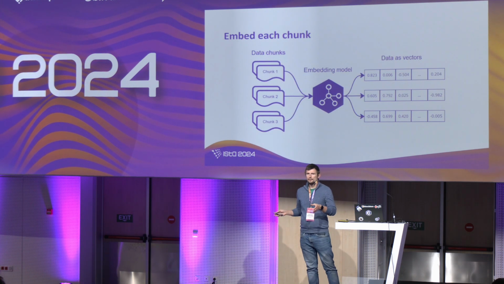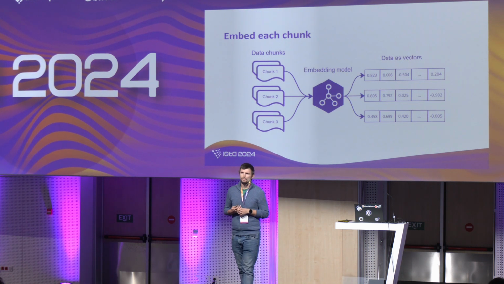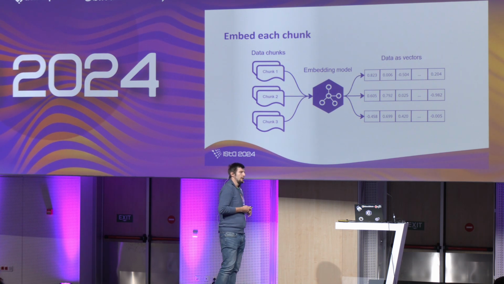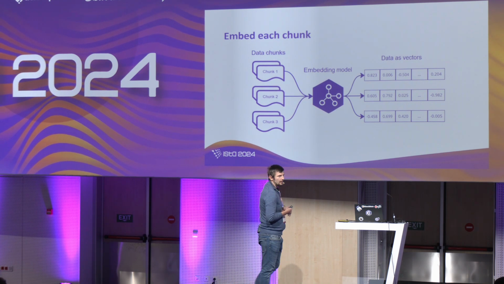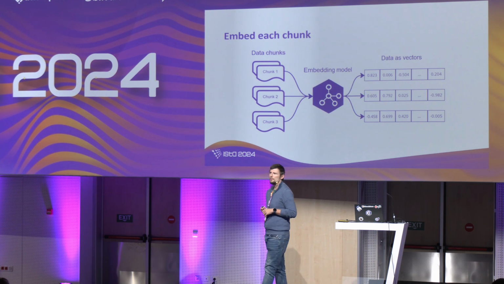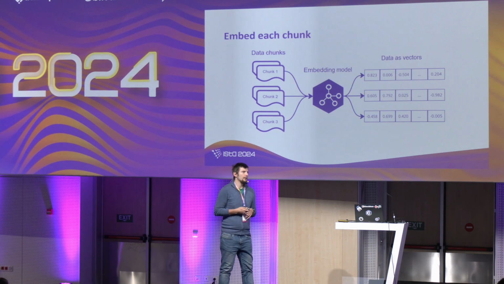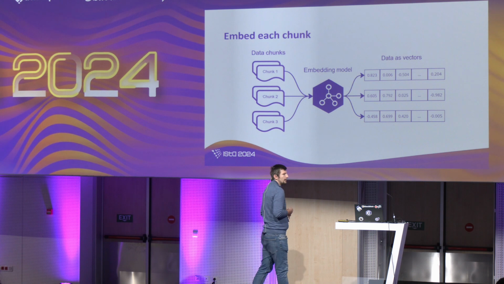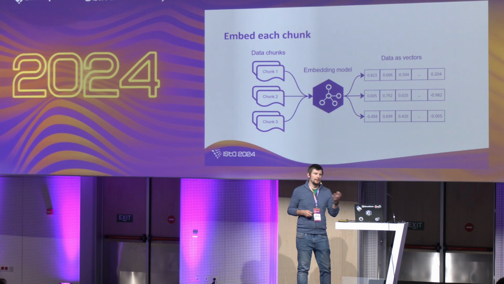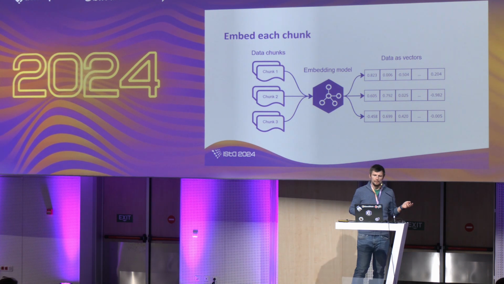Once we have these split chunks, we want to embed them, which is actually transforming the data into vectors. Vectors are like an array of numbers. The numbers are typically between -1 and 1. And we are doing this embedding using embedding models. These models can be used via API, or they can also be locally hosted.